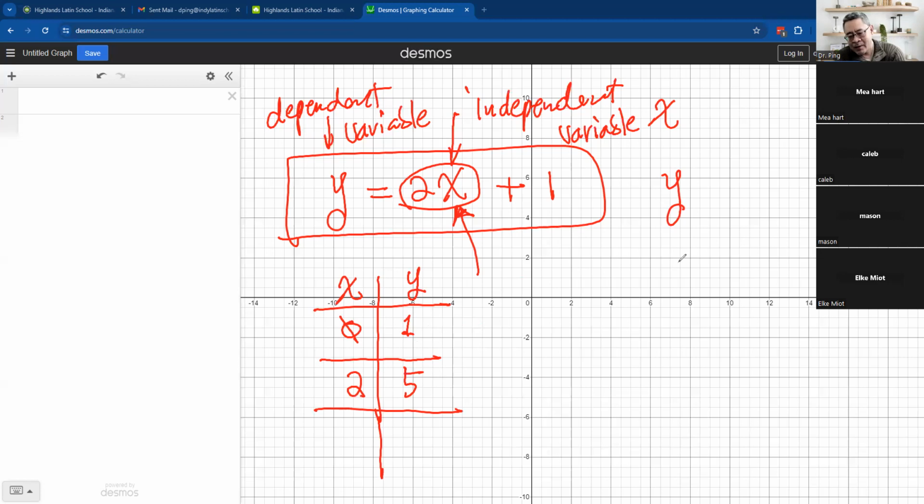Okay, are we here so far? Are you guys good? All right, so now I'm going to give you another value and see if we can find the y value, okay? So this is 4. What will be our y? Yeah, you can just type in the chat. Good job, Mason.